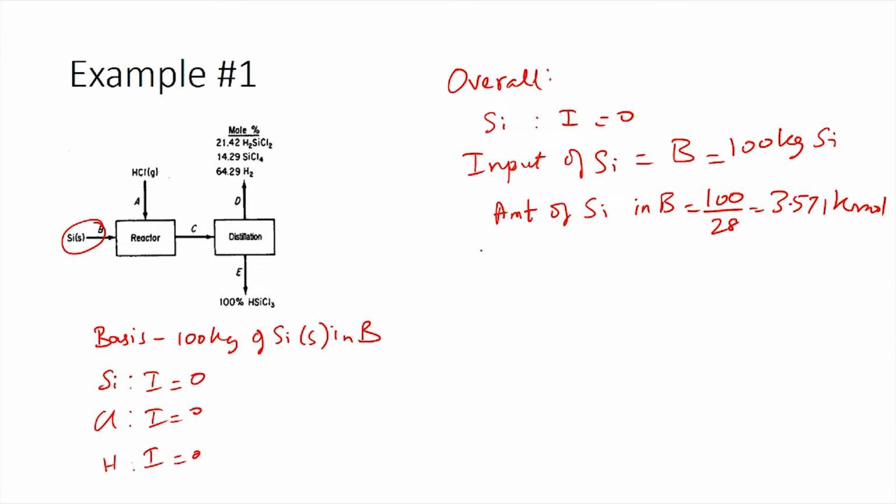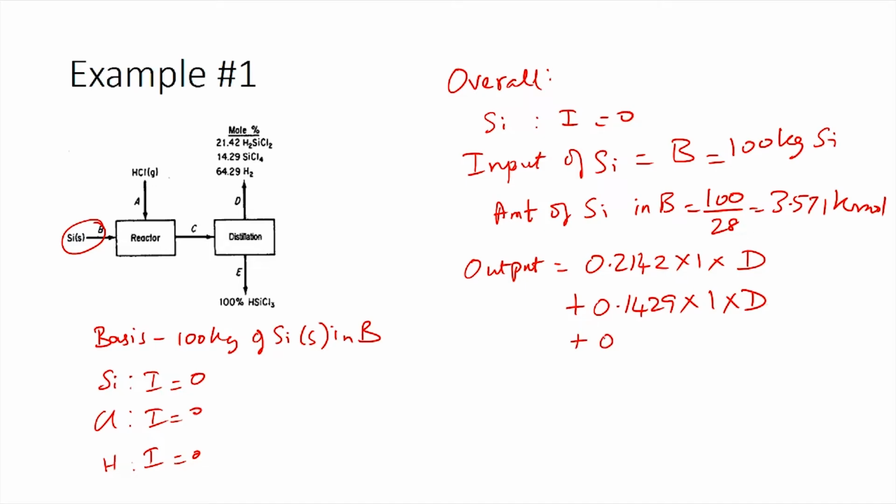So, taking the mole percentages and the number of atoms of silicon per molecule, we can write the output as 0.2142 times 1 times D, which is the number of atoms of silicon leaving per molecule of H2SiCl2 in the stream D, plus 0.1429 times 1 times D, which is the number of atoms of silicon leaving per molecule of SiCl4 in the stream D, plus 1 times E, which is the number of atoms of silicon leaving through the trichlorosilane, which is HSiCl3 leaving through the stream E.